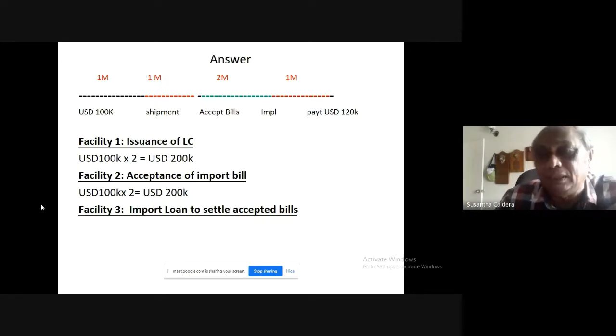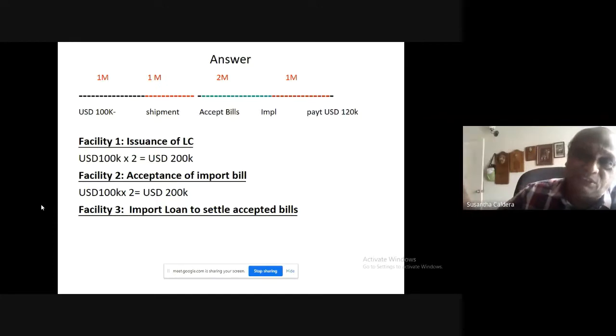Now, 1 month. The reason is, puta, earlier the boy who answered said to settle two bills. The first accepted bill will be matured after 2 months, and the second accepted bill will be matured after 3 months.